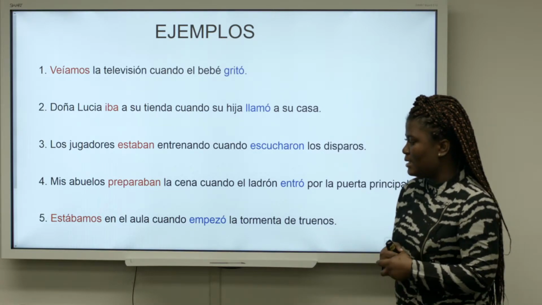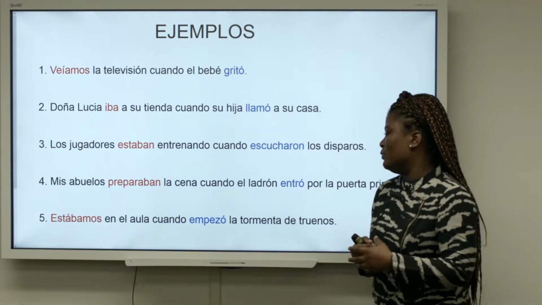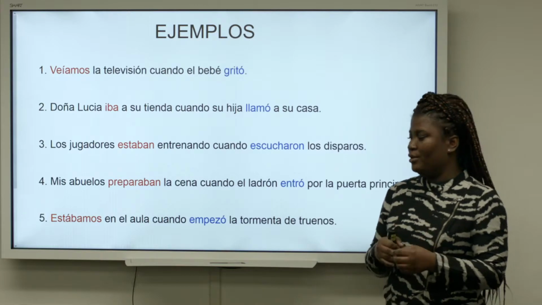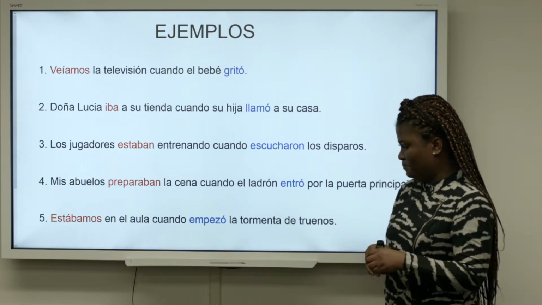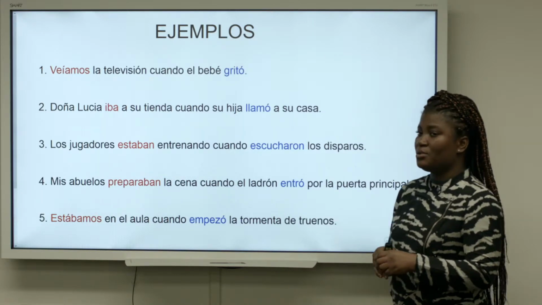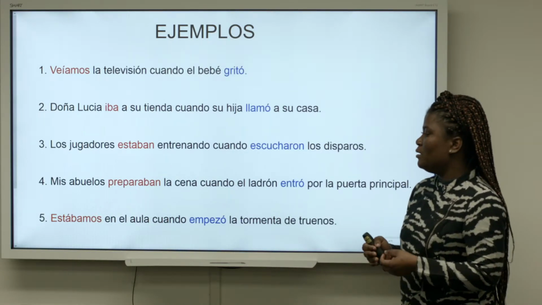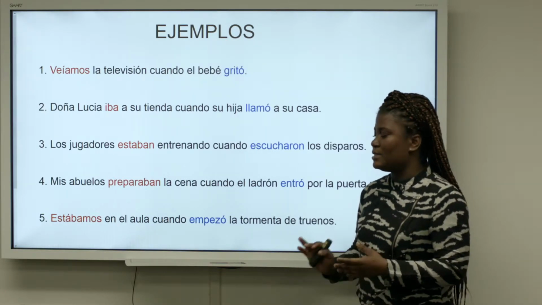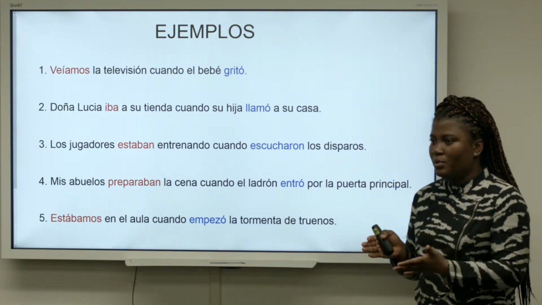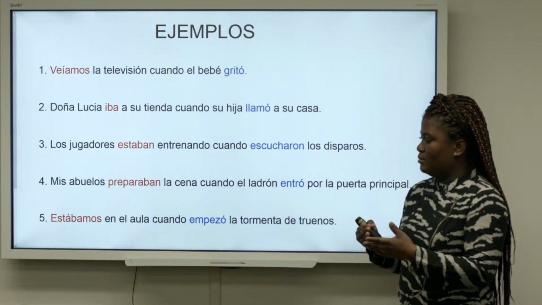The final sentence. Estábamos en el aula cuando empezó la tormenta de truenos. We were in the classroom when the thunderstorm started. So we were still in the classroom, we were learning, that was in progress, everything was nice and steady, and then we had the thunderstorm.